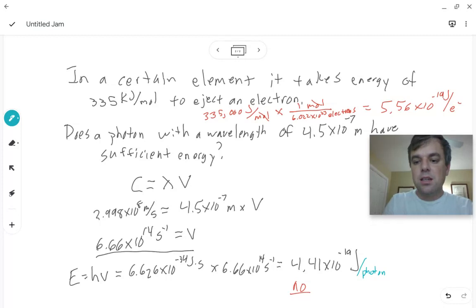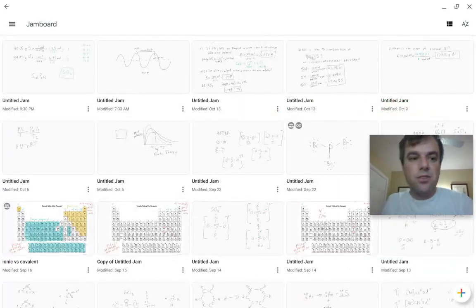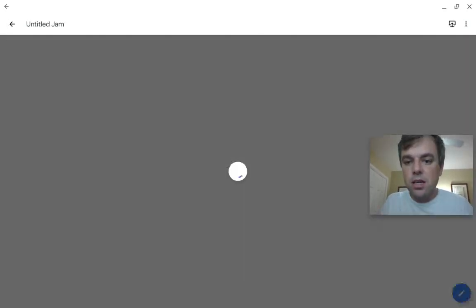And then in 1 mole of photons, we could multiply that by Avogadro's number. So we take the 4.41 times 10 to the negative 19th times Avogadro's number, and I'm coming up with 265,570 joules.